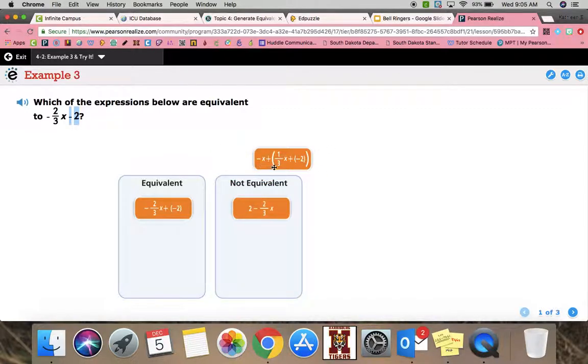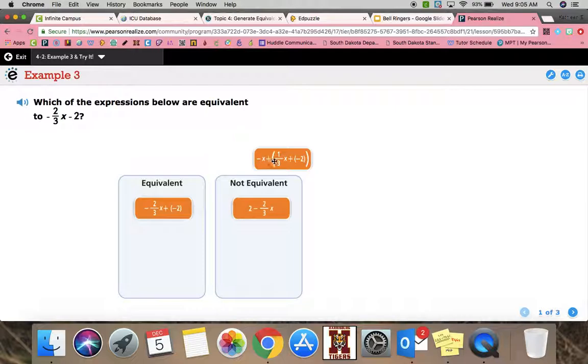Then I'm going to look over here at this one, and I'm going to try to see what they did. What they did is they broke up the 2/3 x, because I can see 1/3 here, and I can see x.